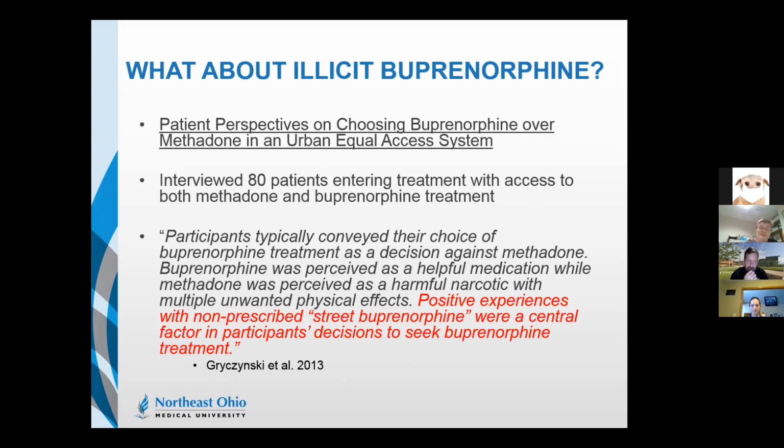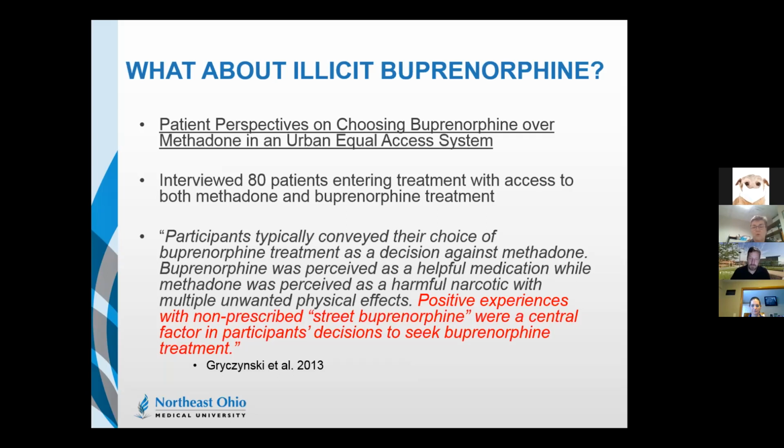Illicit buprenorphine is an issue. That patient comes and says, I really don't need to do all of that induction initiation because I'm already taking 2 buprenorphine strips a day when I can get them, and that's doing me well. What do you do with those people? Positive experiences with non-prescribed illicit street buprenorphine were a central factor in participants' decisions to seek buprenorphine treatment.